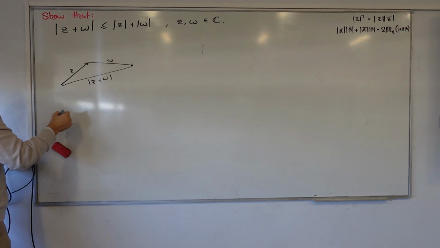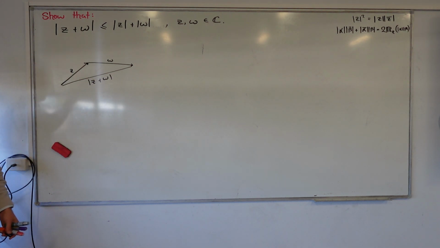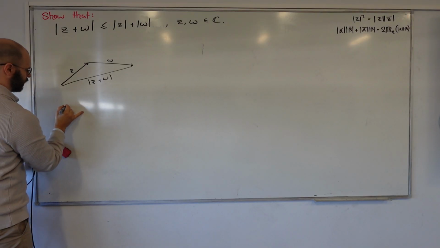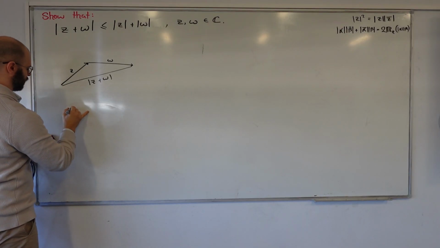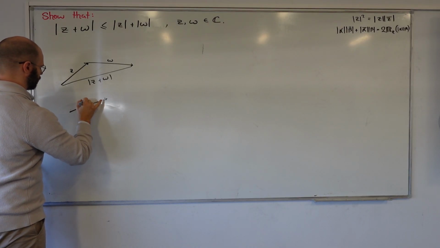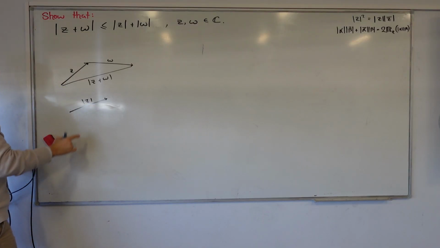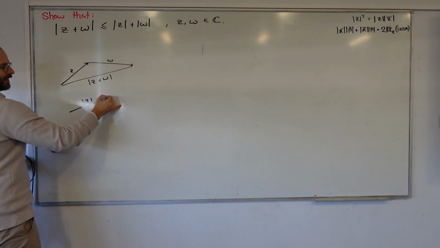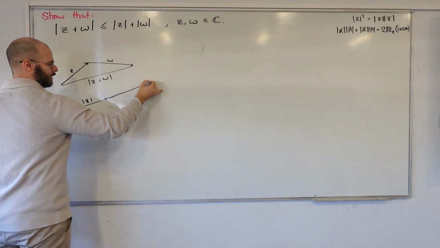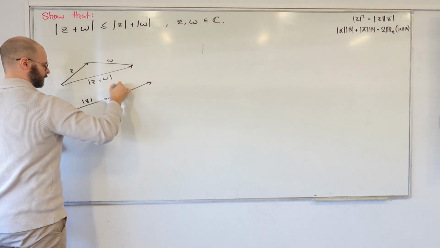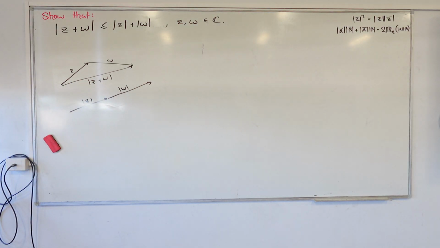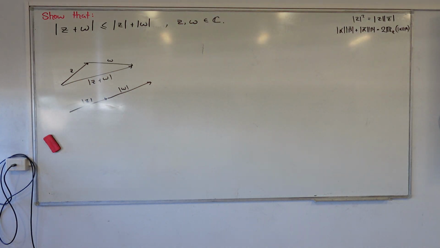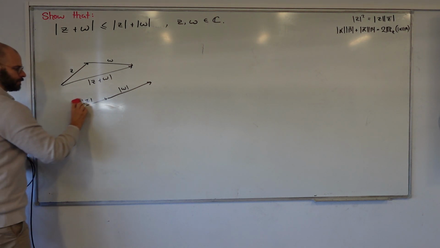But if you laid Z and omega out flat together, we have the Z there, and then you have omega there. See how they're going to be longer? It's just a representation. So this is what we're going to try and show.